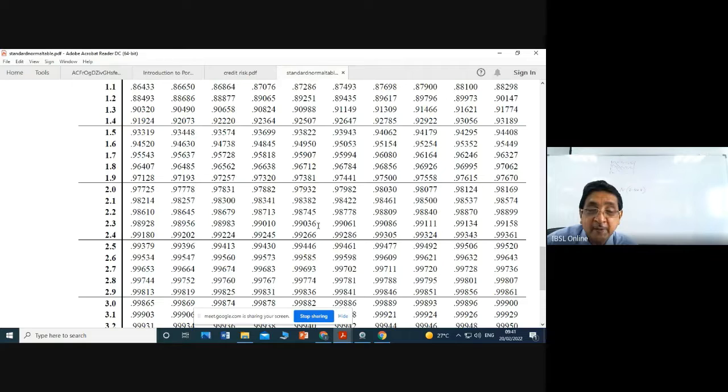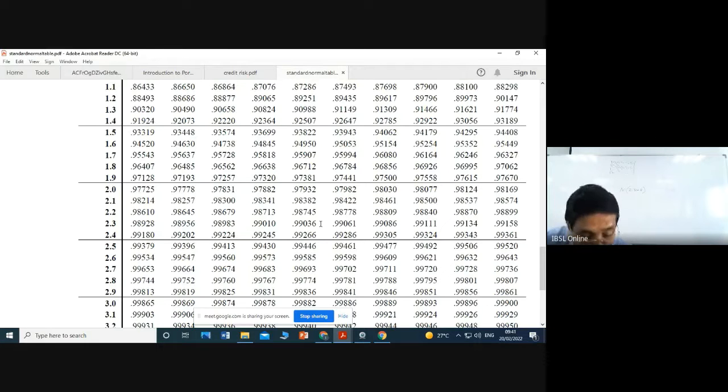What we have to do is add to this value the difference multiplied by 48 over 50. So that is the portion.